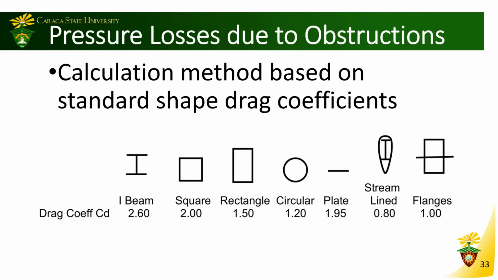The calculation method is based on the standard shape drag coefficients. The drag coefficient C sub D is given for different shapes like I-beam, square shape, rectangular shape, circular shape, a plate, a streamline shape, and flanges. So just take note of the drag coefficient for these different types of shape.